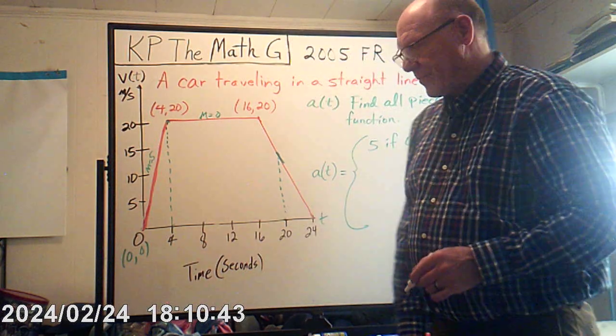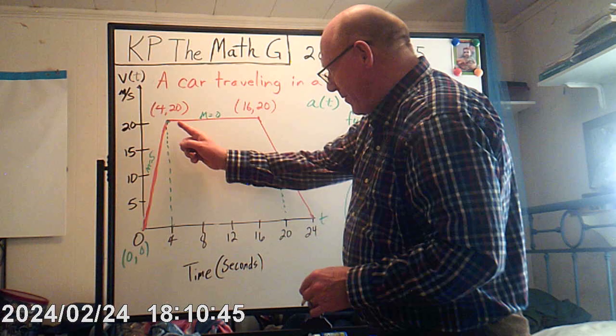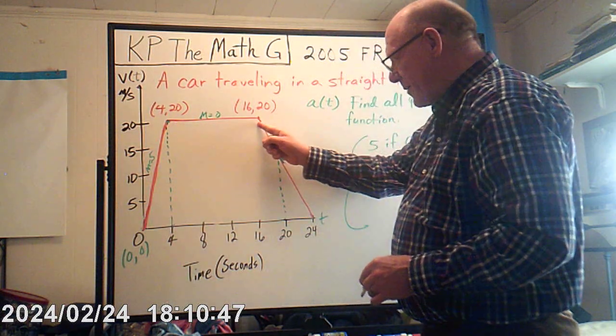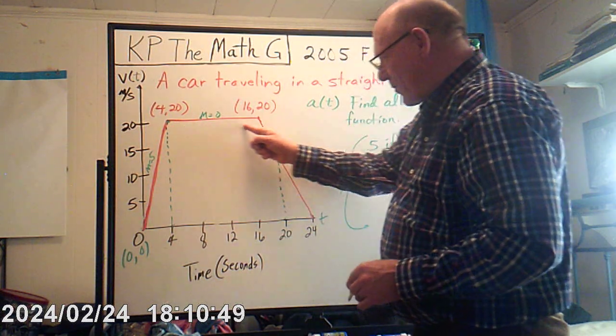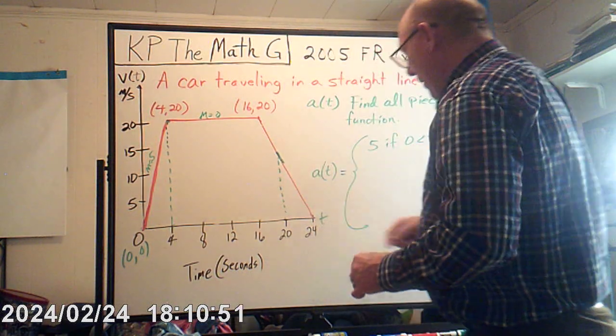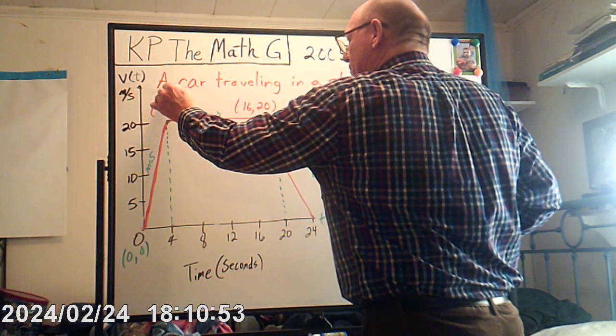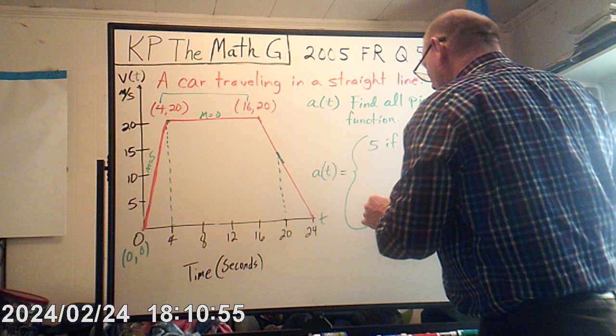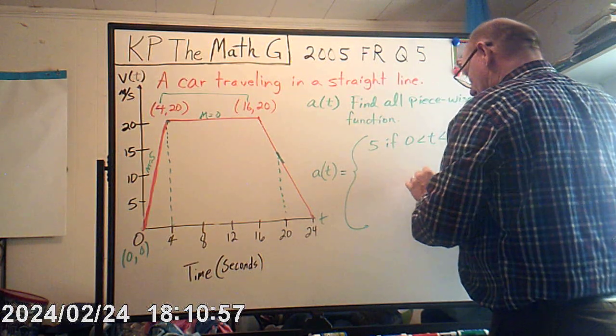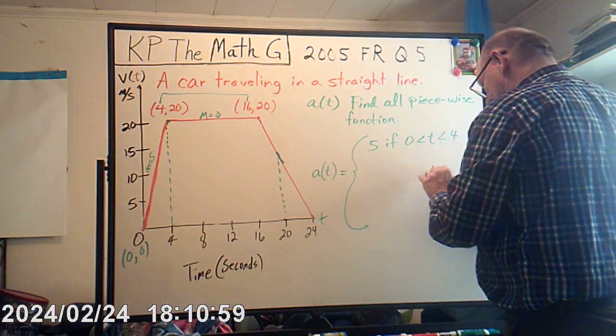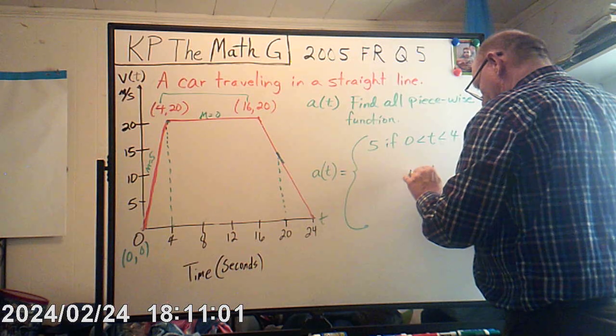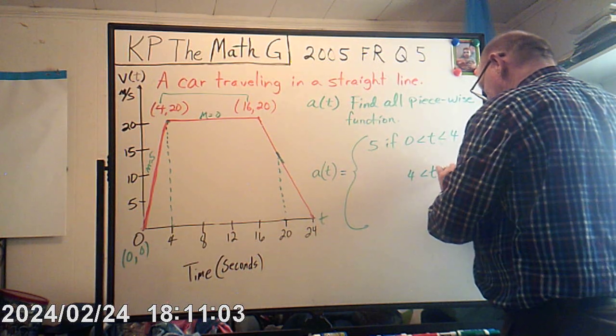Now we've got another one. This line here is another piece, and it goes from 4 to 16. So that tells me that T is between 4 and 16.